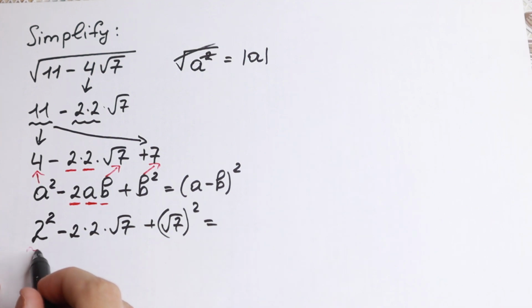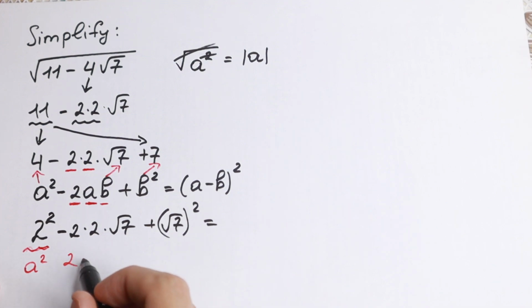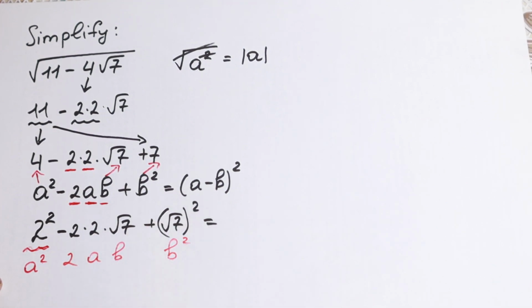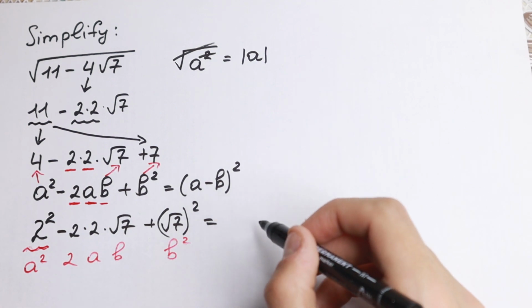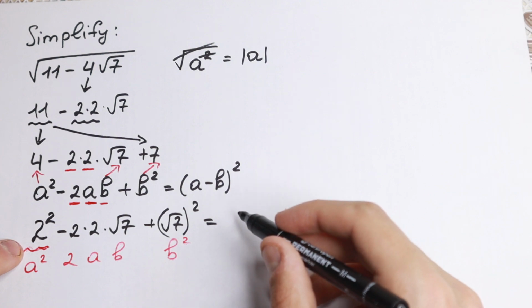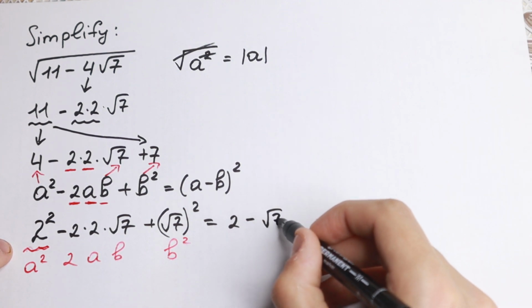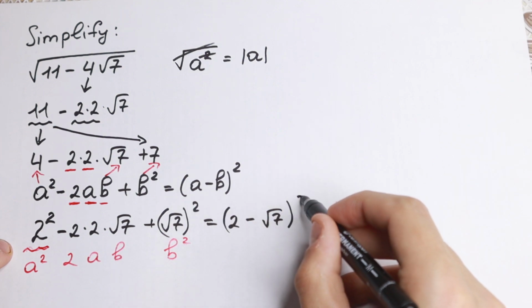We have a square, this is our a square, this is our 2, this is our a, this is our b, and this is our b square. And take a look on the top. This is our case, this is our formula. It will be equal to a minus b, a equal to 2 and b equal to square root of 7, to the second power.